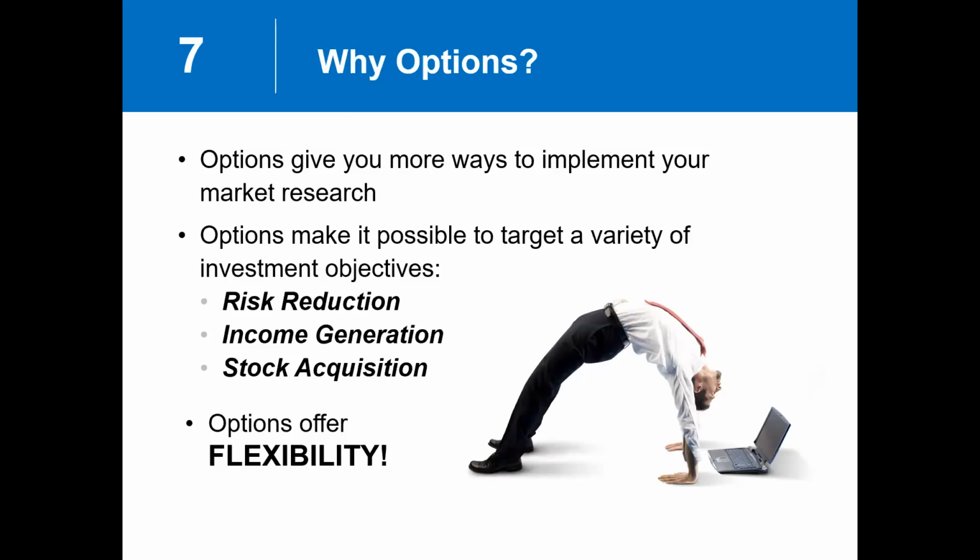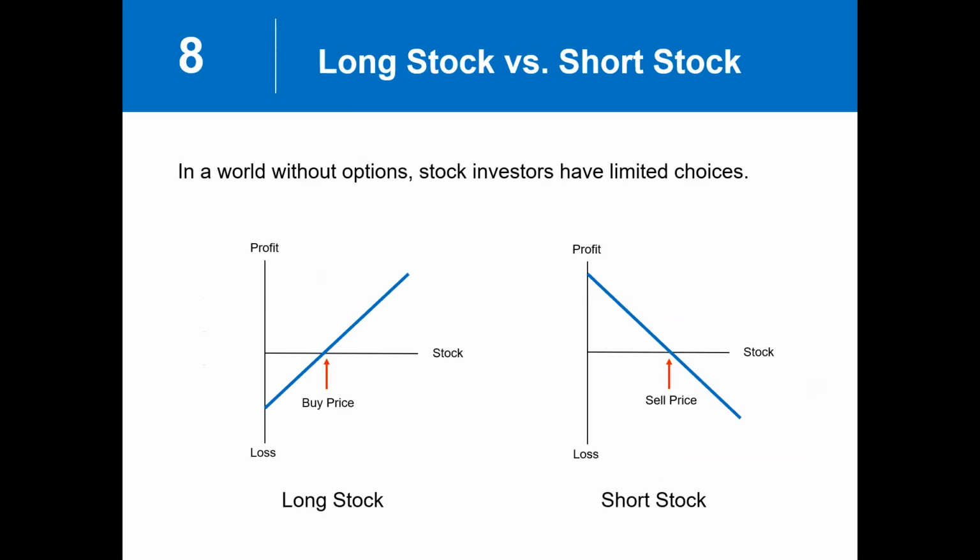Some investors speculate with options too because of the leverage that each contract corresponds to 100 shares of the underlying. But by and large, we're talking about financial tools that can be used for risk management, income generation, and stock acquisition. And one of the great things about options is they offer a lot of flexibility, unlike straight stock positions.